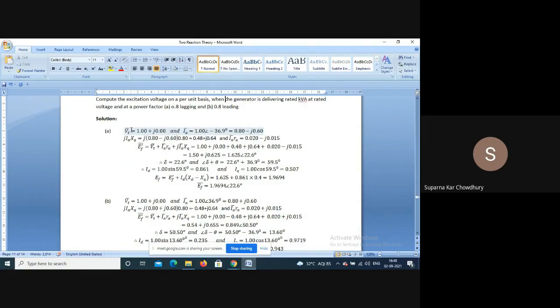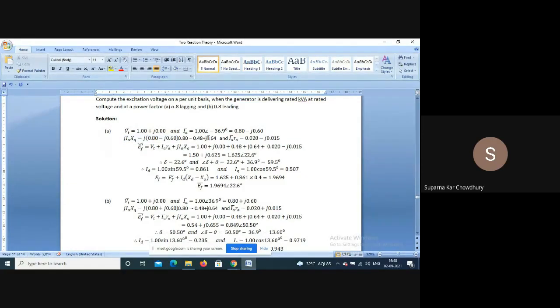So our terminal voltage is 1 per unit, so 1 plus j0, taking Vt as reference. So Ia will be 1 angle minus 36.9 for lagging power factor, so 0.8 minus j0.6.